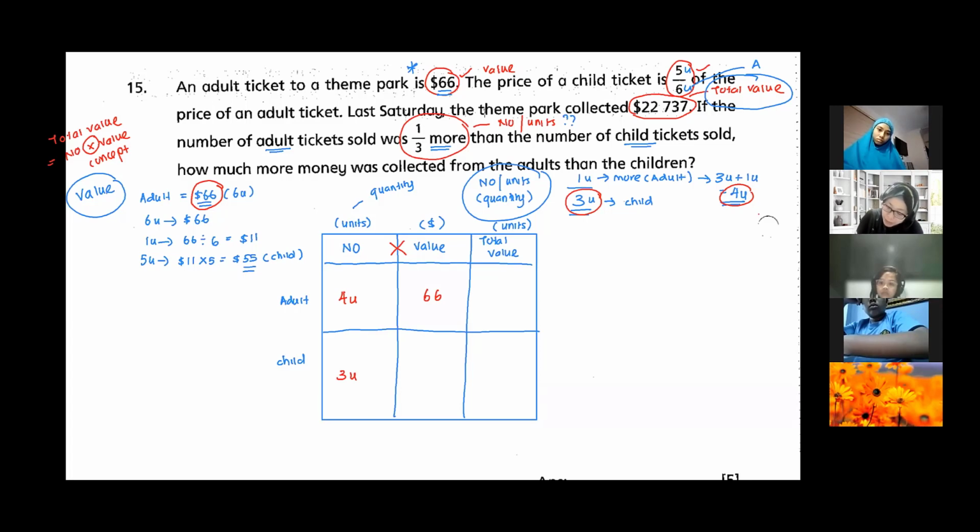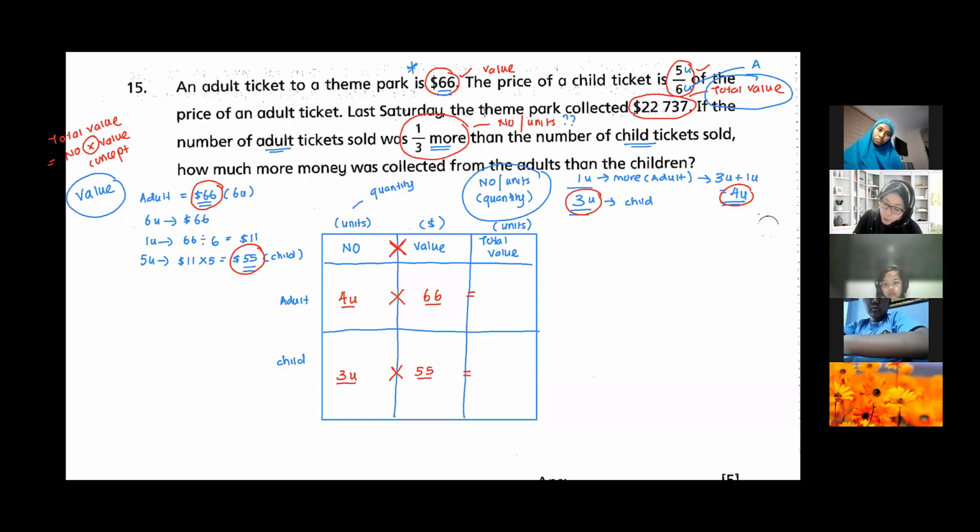Then child value: the child ticket value is $55. Then what must I do? I need to times it. So you can see number times value equals.